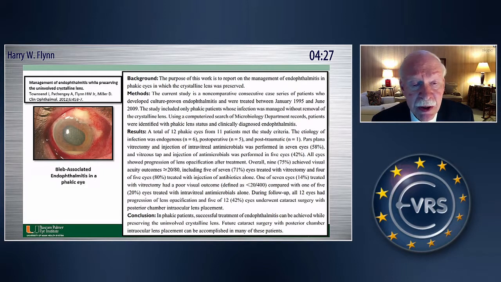We published a series of these cases, 12 cases, with vacant status, treated without removing the crystalline lens. The point of this paper was that vitrectomy or tap and inject can be performed without removal of the uninvolved crystalline lens.